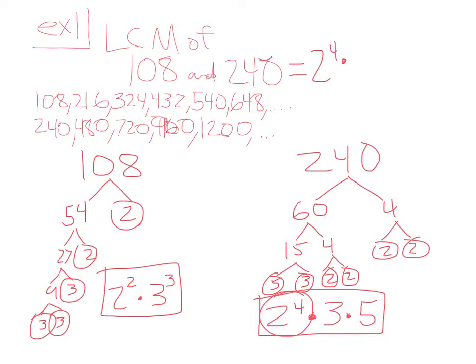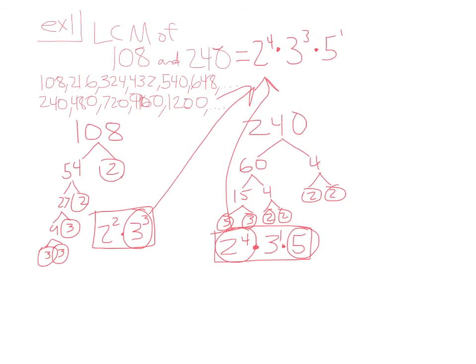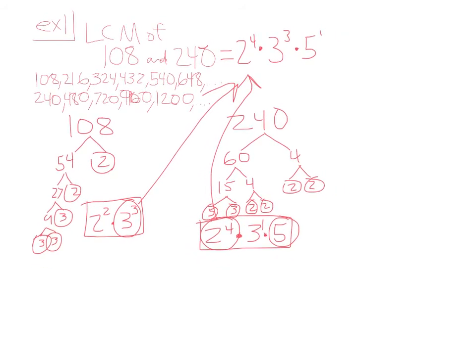What's the greatest number of 3's? Well, 3 to the third or just 3 to the first? Well, 3 to the third. So we're going to times by 3 to the third. And then the greatest number of 5's is just 1, so we times by 5 to the first power, just 5. So that's basically going to help us get our final answer.